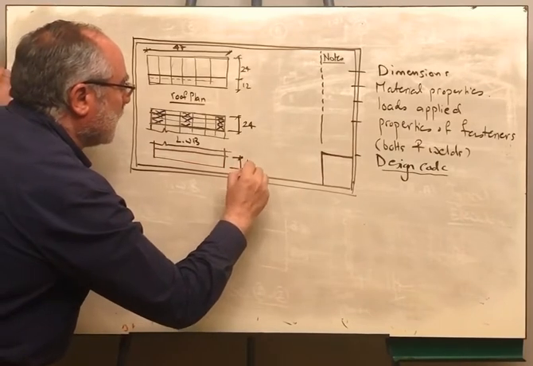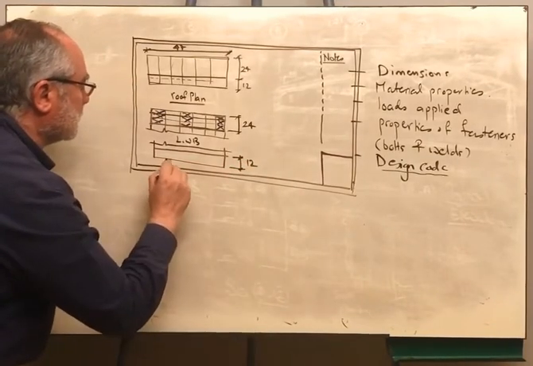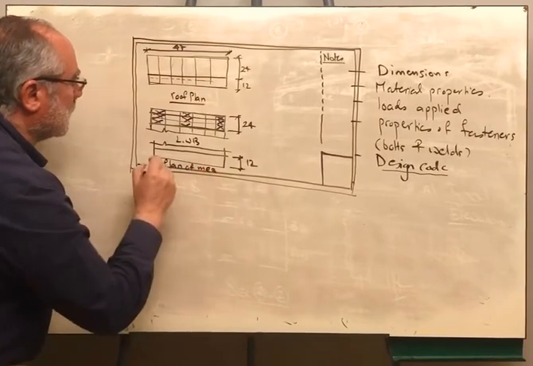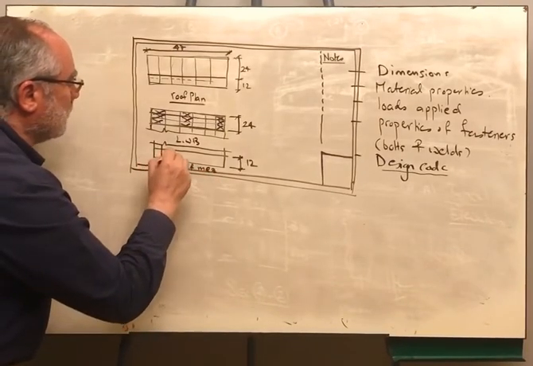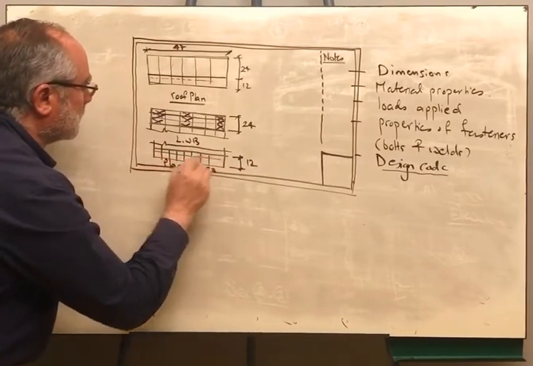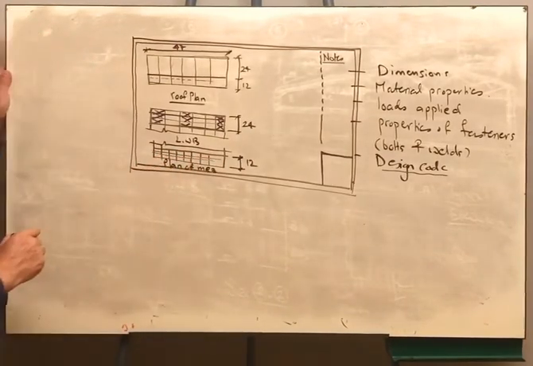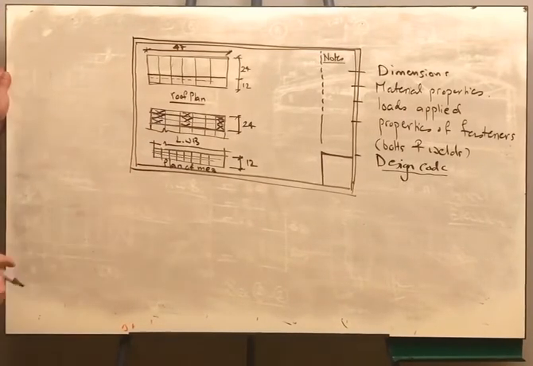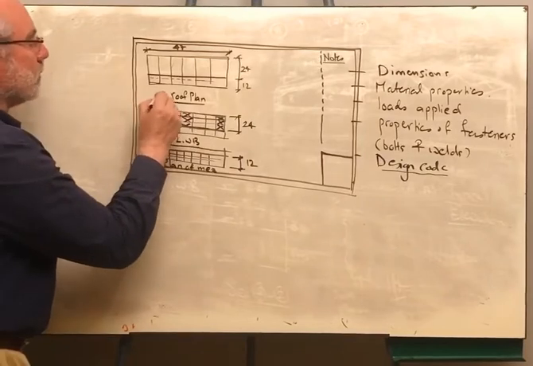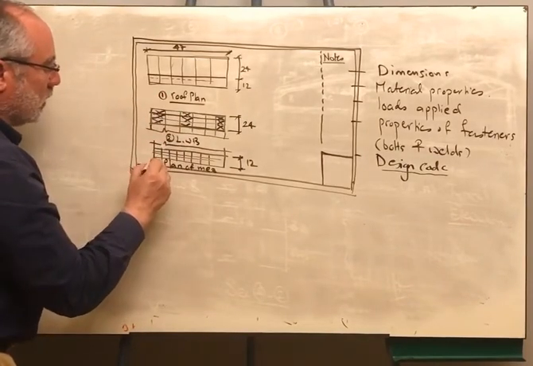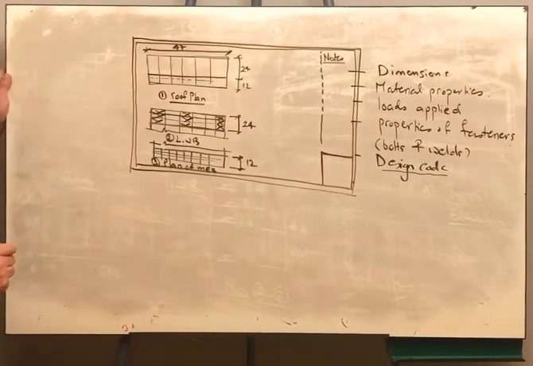And then you are going to show the other plan, which is the plan of the mezzanine. Here we have so many members like this, and the secondary beams. So we are showing the roof plan, the plan of the lower bracing, and the plan of the mezzanine floor.